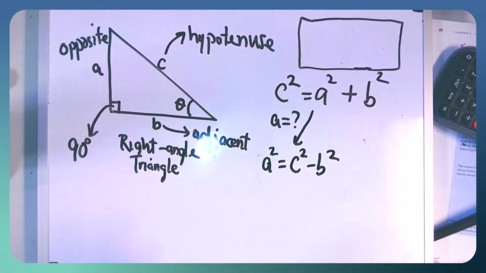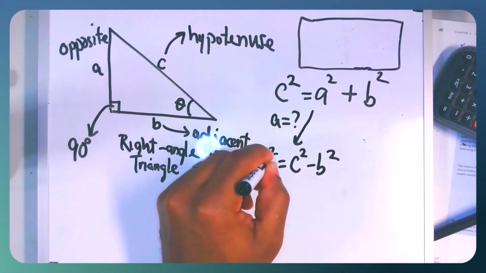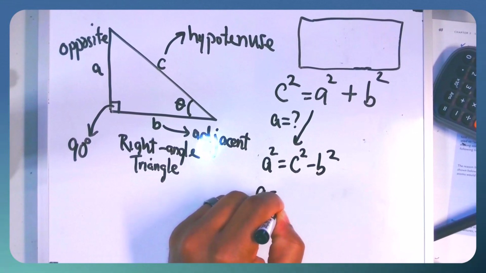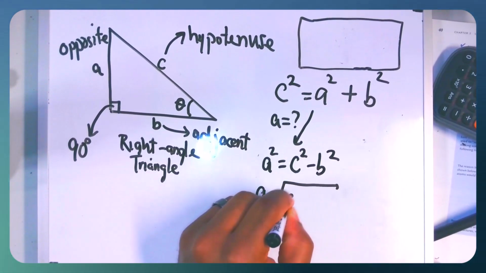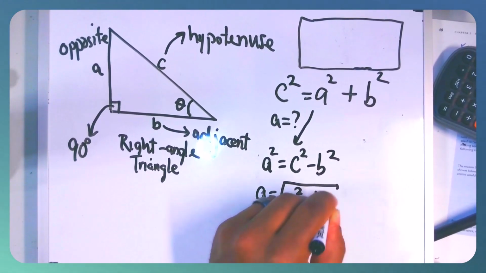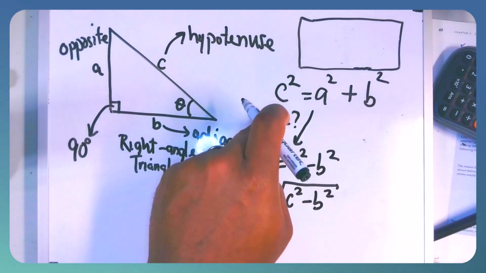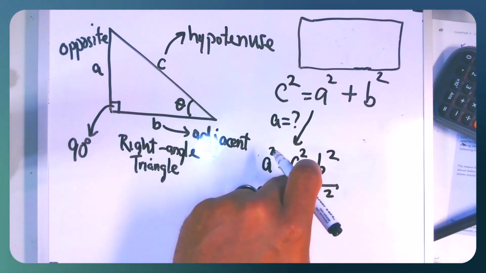When we take the square root of both sides, A is equal to the square root of C squared minus B squared. This is the case where we need to find the value for A given C and B.